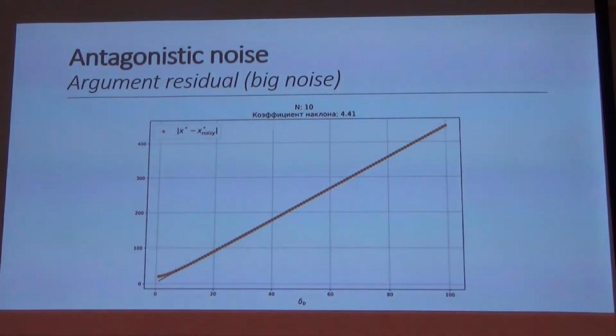So are these matrices A just random matrices? Not fully random. This is a matrix with a big condition number. For dimensionality 10, it is about 10 million. For n equal 100, this is about, I suppose, 100 million, something like this.